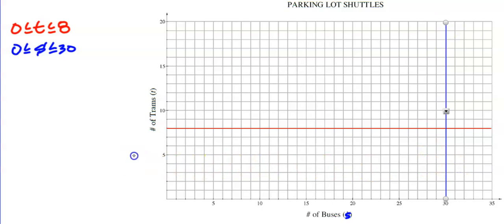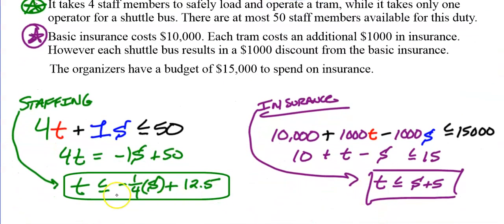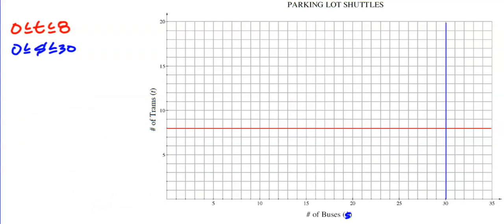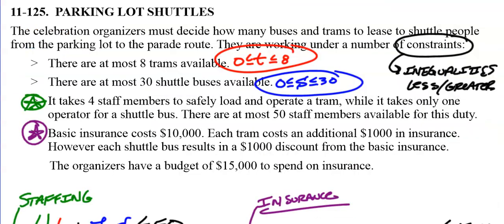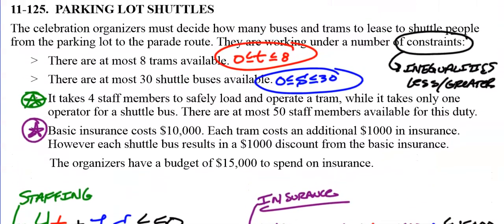So it's everything that's in there. Then our next equation, for staffing, was t is less than or equal to negative 1/4 s plus 12.5. So for staffing, the number of trams has to be less than negative 1/4 s plus 12.5.